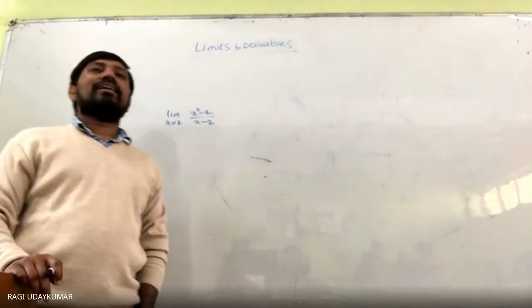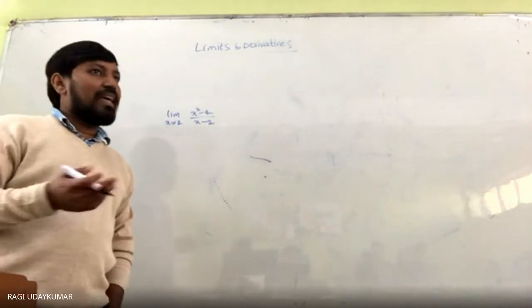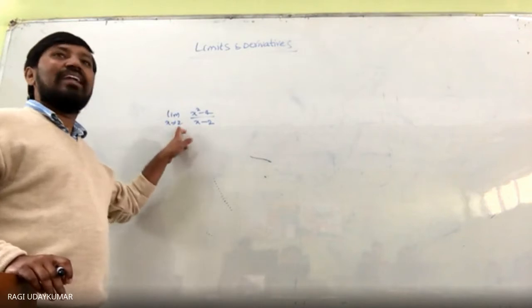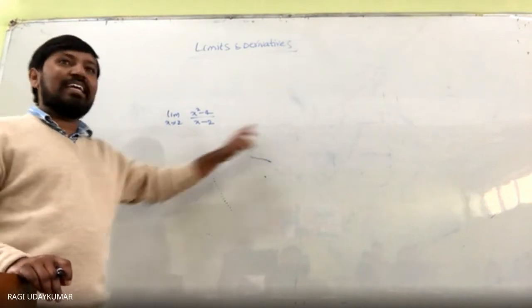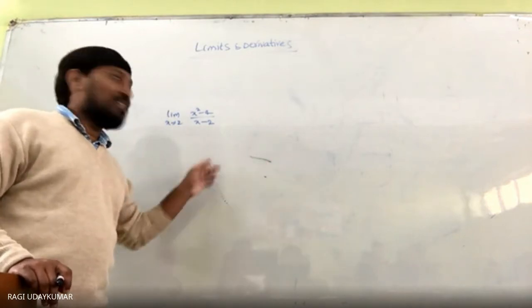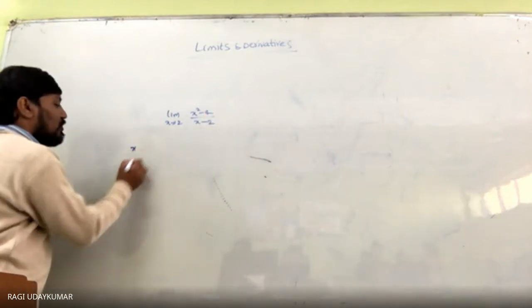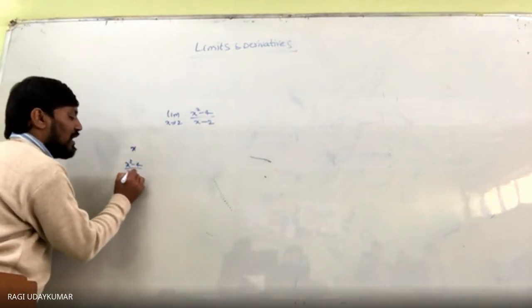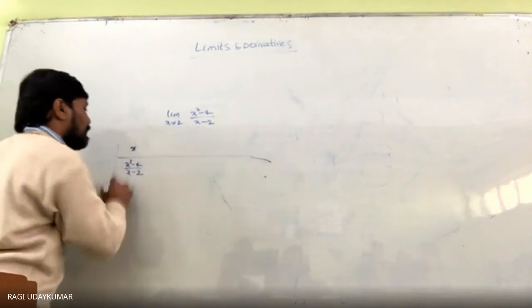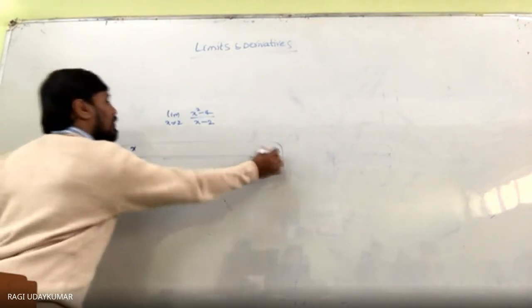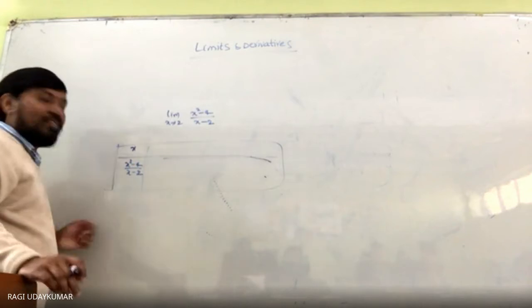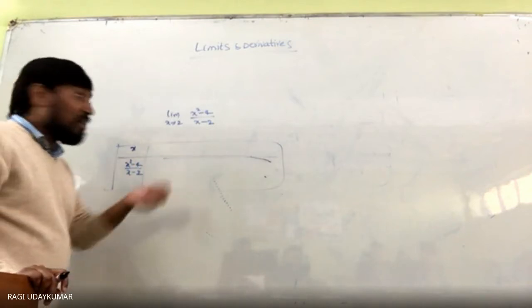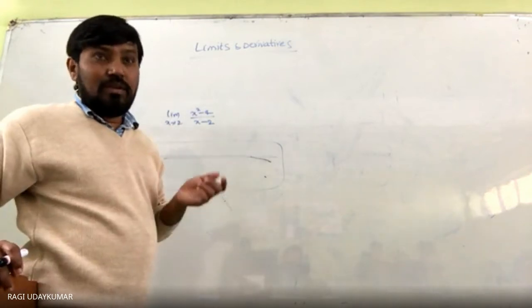And if you are really interested, using a calculator, you can substitute nearby values of 2, just like a table I have formed, with x values and (x square minus 4) by (x minus 2) values. You go on substituting the values and check nearby values of 2.